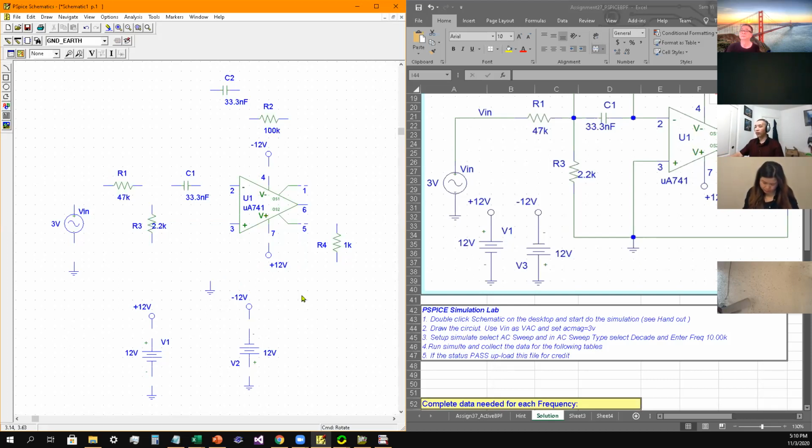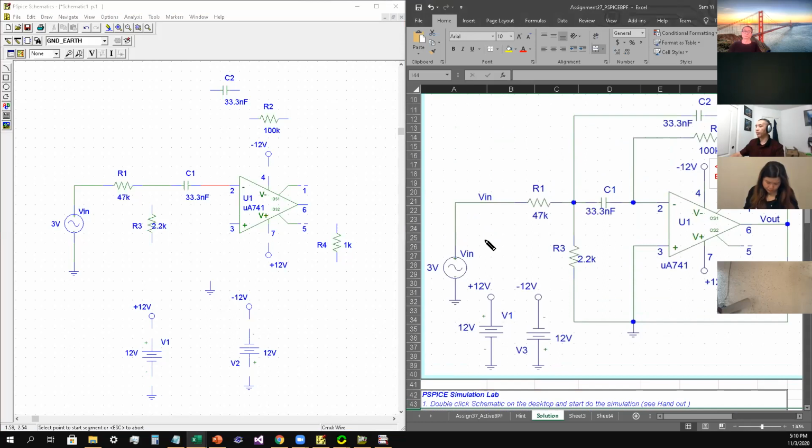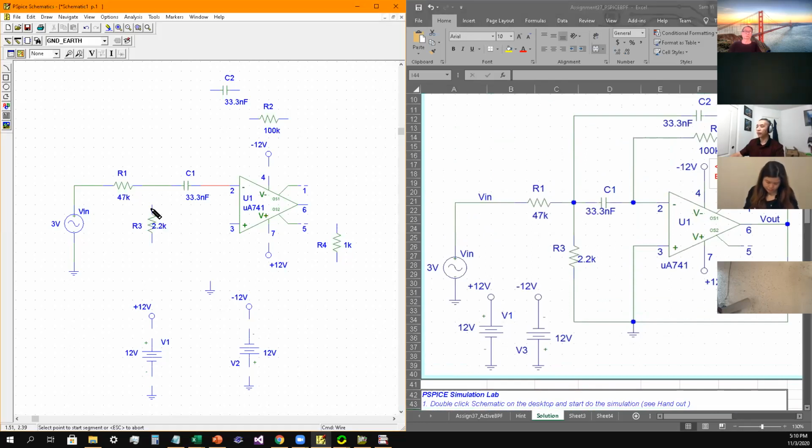Now I have to go through and connect my circuit. So we're going to be connecting the circuit from there, go to here, this one goes to here. C2 is going to be connected, so this one needs to be connected here, and this one is coming here and coming down here. R2 is after, so we're going to be here and coming down here.